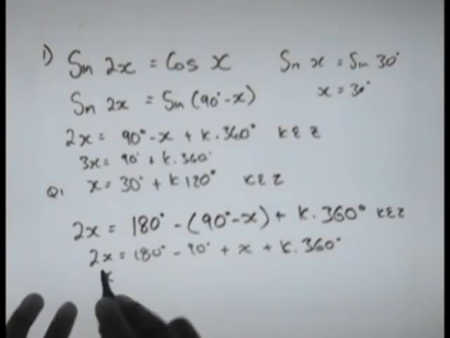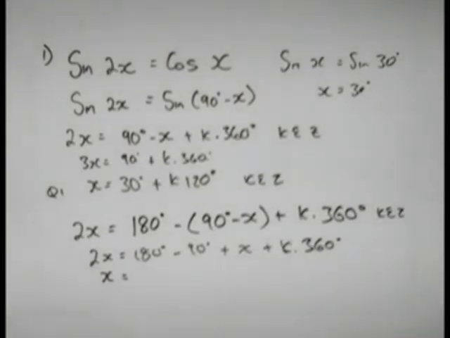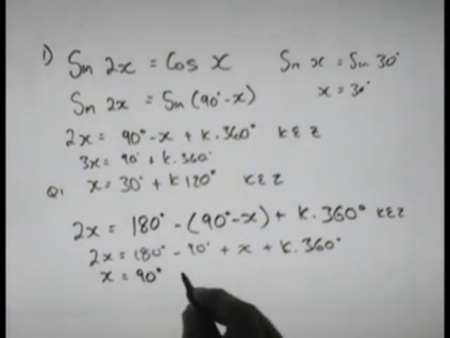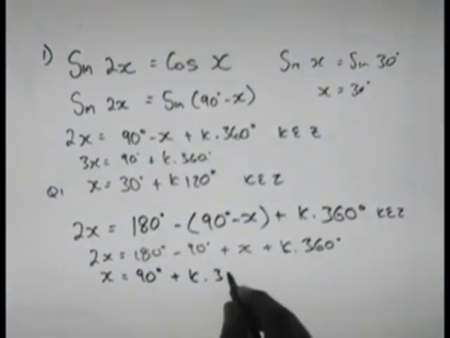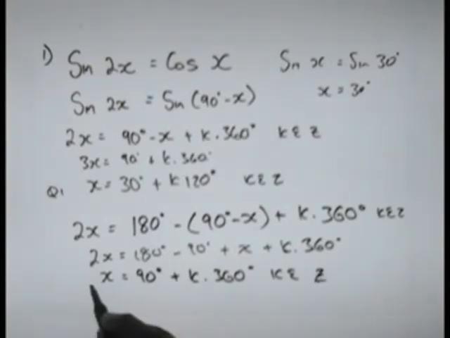That means that 2x minus x, which is just x, is equal to 180 degrees minus 90 degrees, which is equal to 90 degrees plus k times 360 degrees, again where k is an element of integers, and this is the quadrant 2.